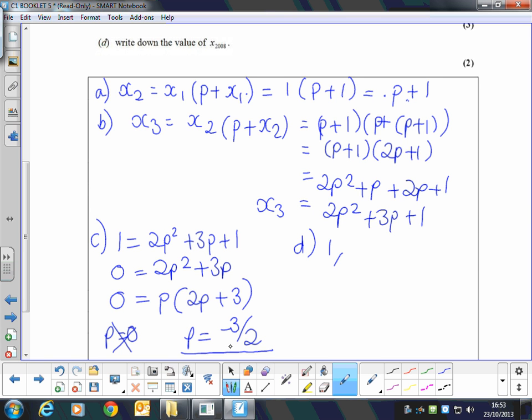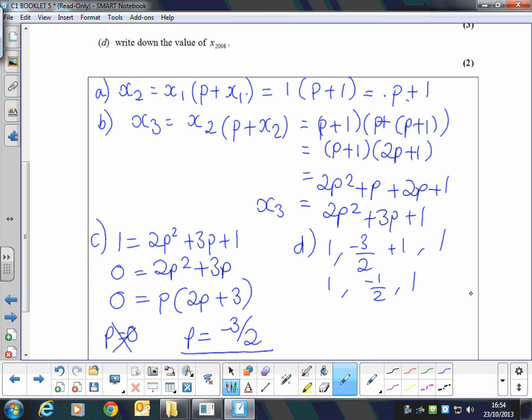So now we know that p is minus 3 over 2, our second term is going to be minus 3 over 2 plus 1. x3 is going to be 2p squared plus 3p plus 1. So if I put minus 3 over 2 into there, I end up getting 1. So the terms of my sequence are: the first term is 1, the second term I've got minus 3 over 2 add 1, which gives me minus a half, and my third term is 1.